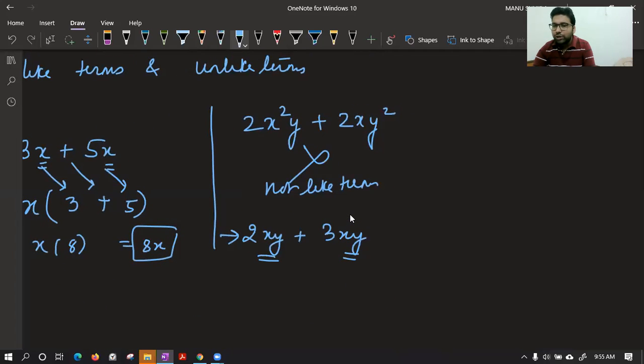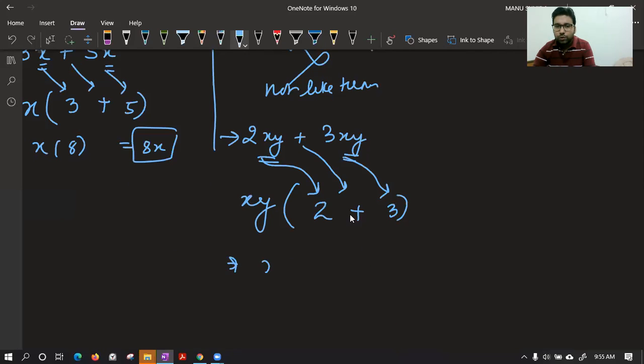I can take xy common. If I take xy common, what is left inside? In the first position, 2 is left. Then a plus will come. Then a 3 is left. And the answer is 5xy.